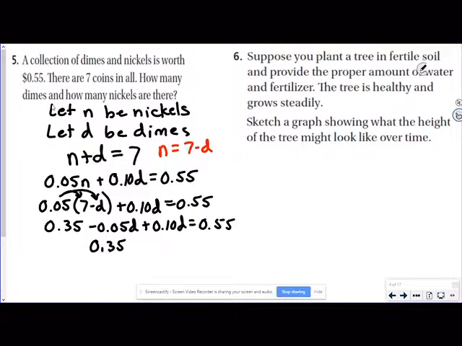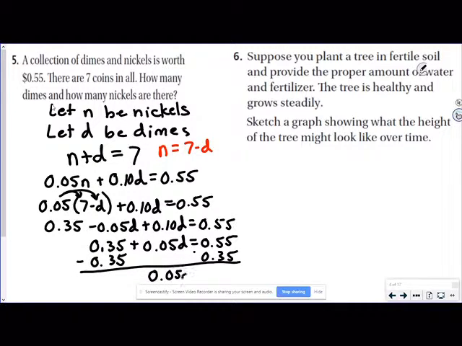0.35 plus 0.05d equals 0.55. Subtract 0.35 from both sides. We have 0.05d equals 0.20.